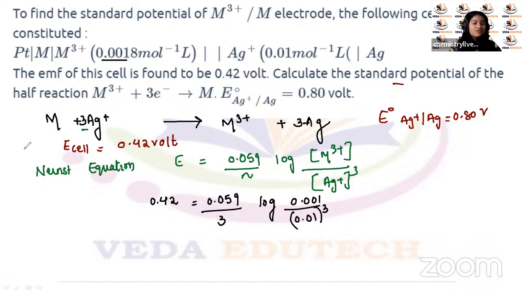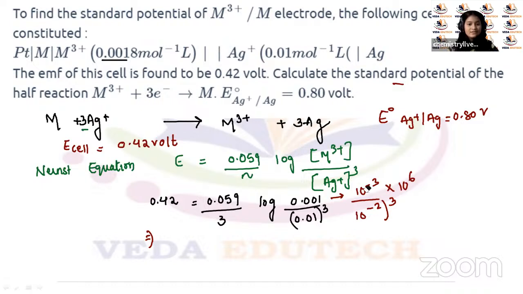Now if we solve this, this will become 10 to the power minus 3 divided by 10 to the power minus 2 to the power 3. So this is going to be how much, children? 10 to the power minus 6, and if you take it up, this is going to be 10 to the power plus 6.